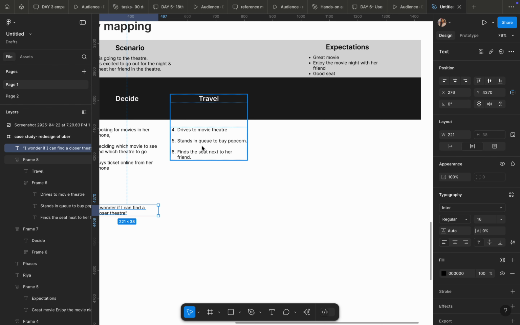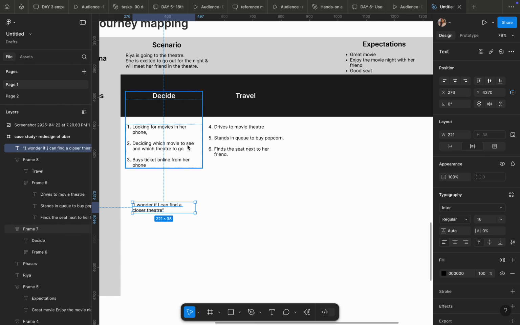Then she's traveling. During travel, if this girl is from Chennai or Bangalore, you know how the traffic could be bad even during the night times.